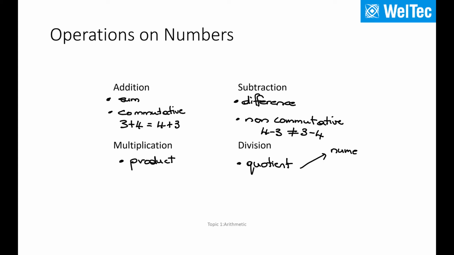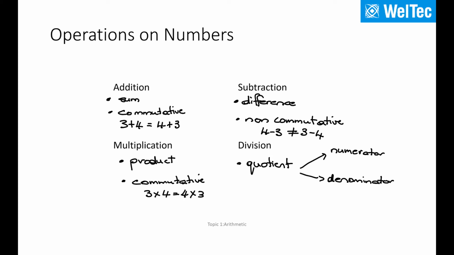But we talk about the numerator and the denominator. Multiplication is commutative. So 3 times 4 is the same as 4 times 3.